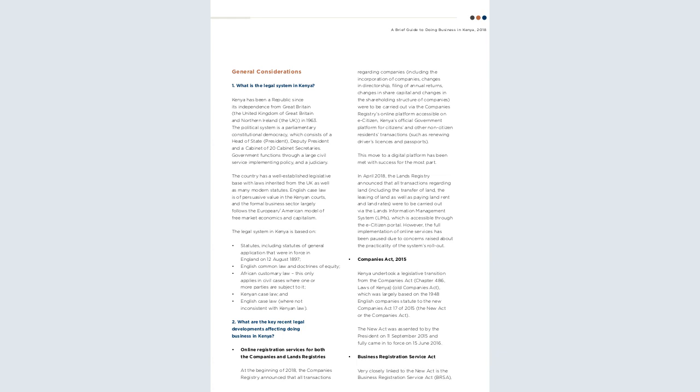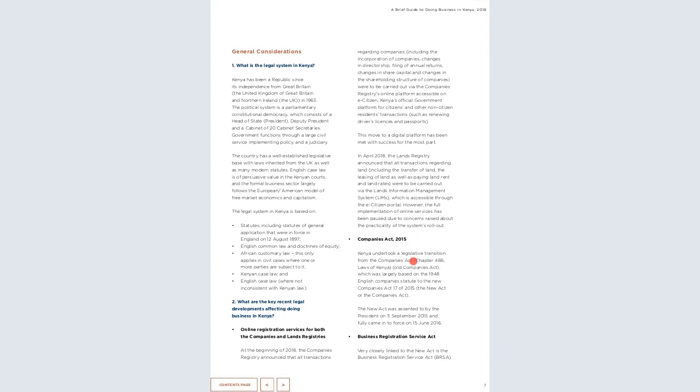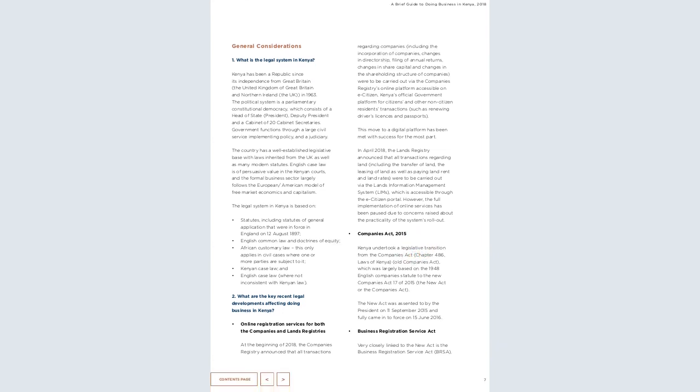The country has a well-established legislative base with laws inherited from the UK as well as many modern states. English case law is of persuasive value in the Kenyan courts, and the formal business sector largely follows the European/American model of free market economics and capitalism.